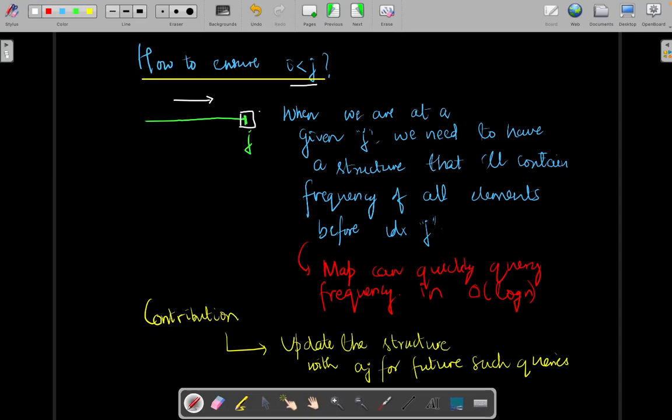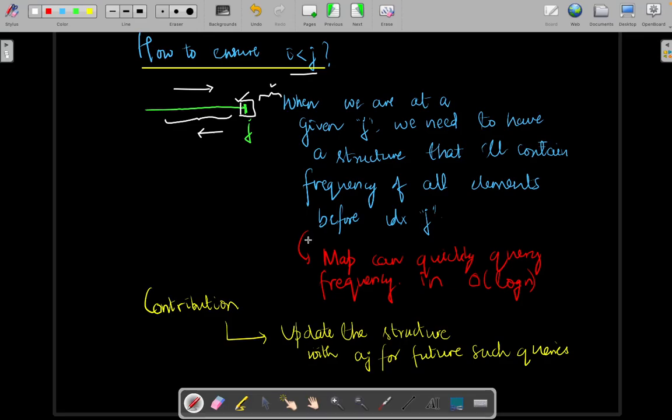That means the map would not contain any element to the right of j, right? All of the elements in the map will pertain to the left of j indices. And that's how we will ensure whatever the state of the map be at a given value of j, it will only contain values at indices strictly less than j.